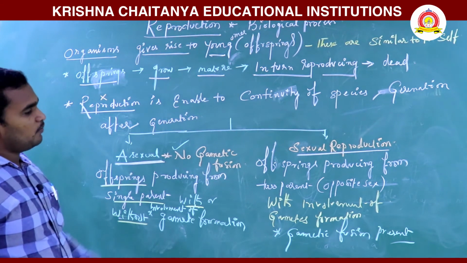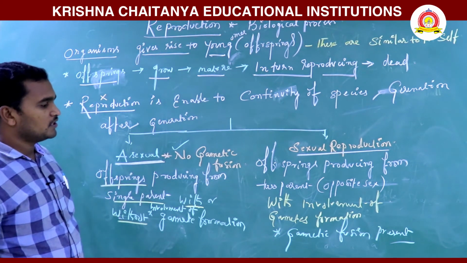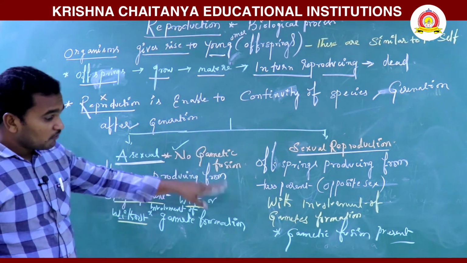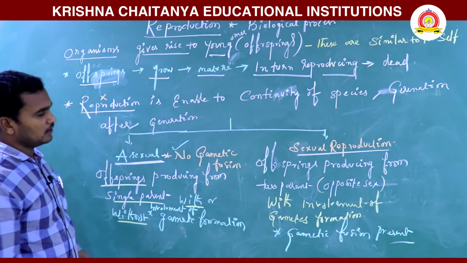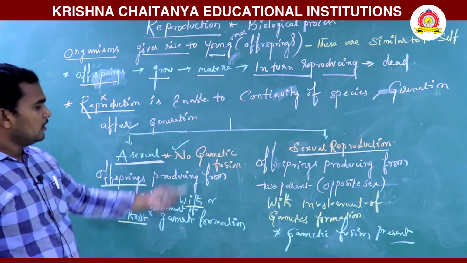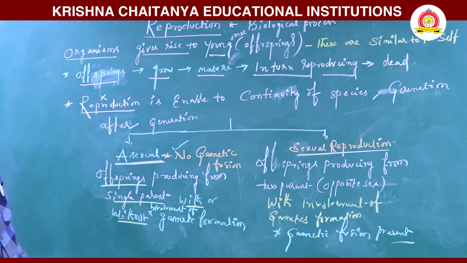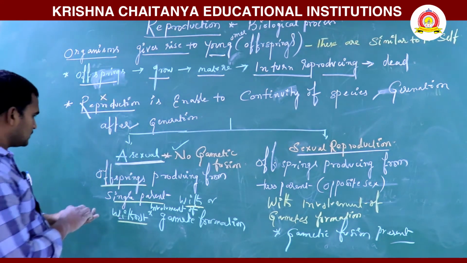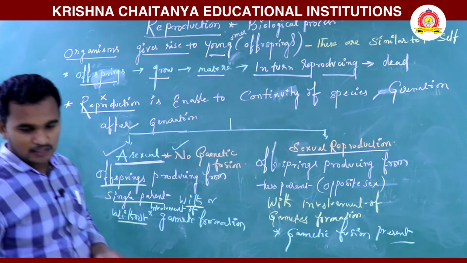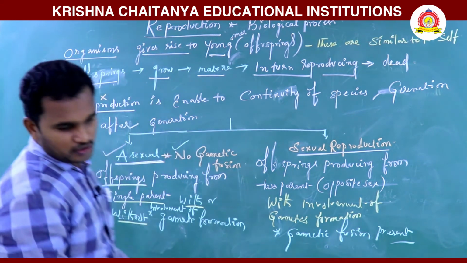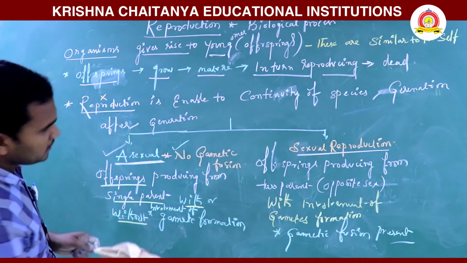Next is sexual reproduction, where offsprings are produced from two parents, generally of opposite sex, with involvement of gamete formation, that is gametic fusion. Here there is no gametic fusion in asexual. Now we will discuss asexual reproduction.